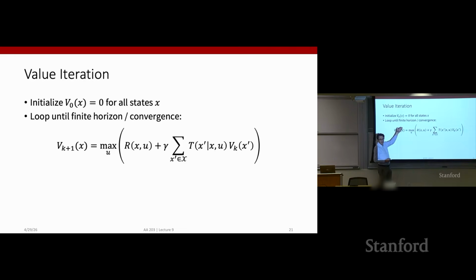Of course, if you have some guess about what the optimal value function is, you should use that guess. You're guaranteed to converge anyways, but of course, the convergence rate is much faster if you start from a good guess.